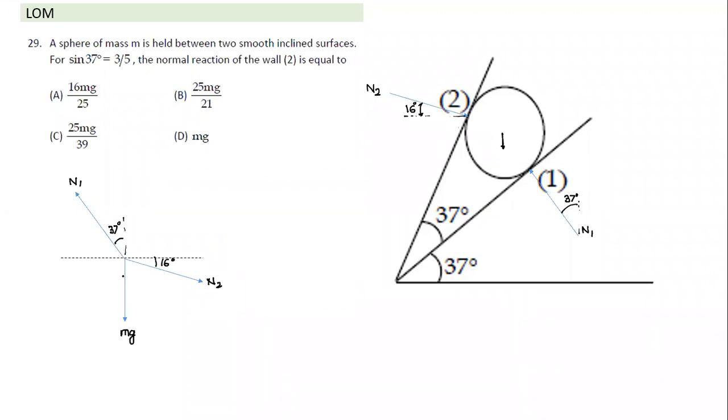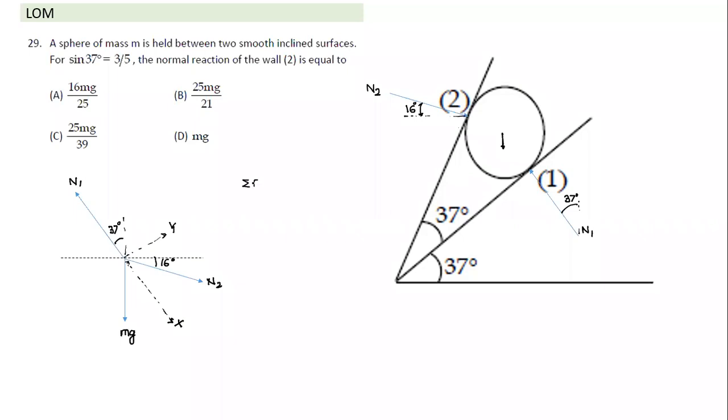How do I write an equation which does not have N1? If I choose an axis which is along the N1 direction, let me define this axis as X, and perpendicular to it Y. I take the summation of forces in the Y direction to be 0.